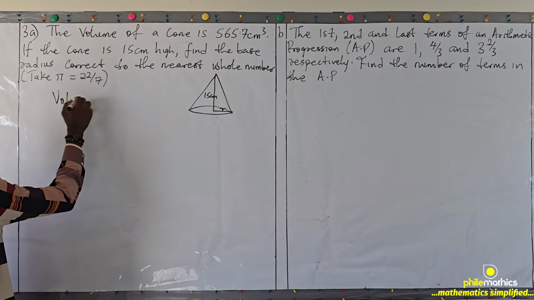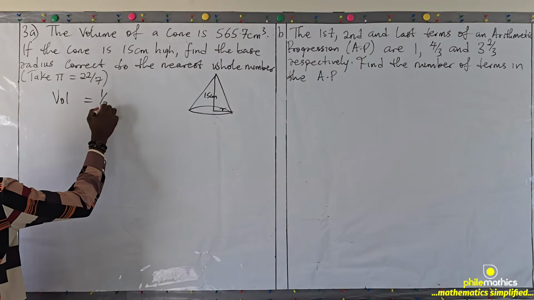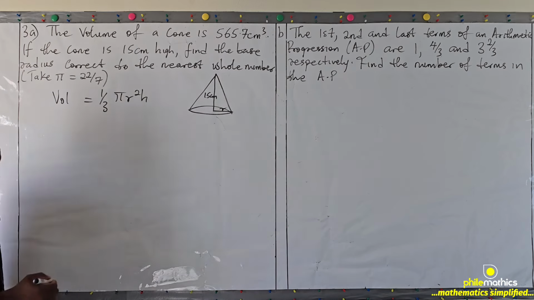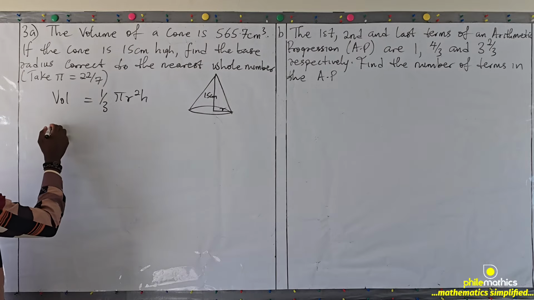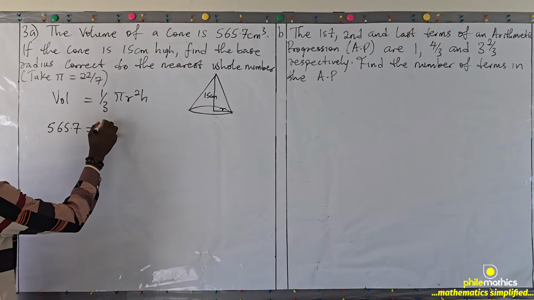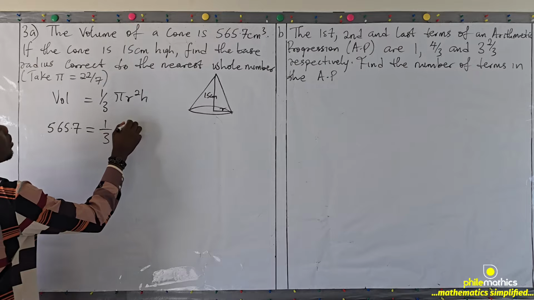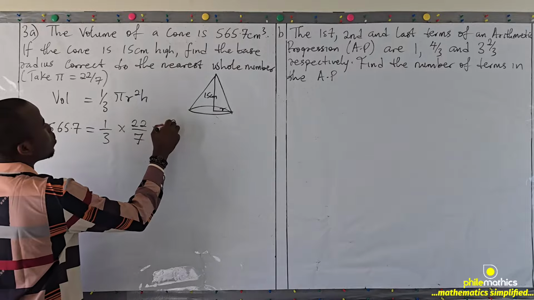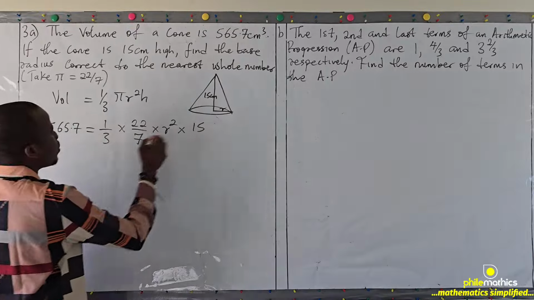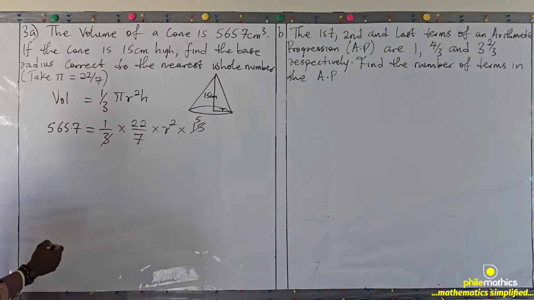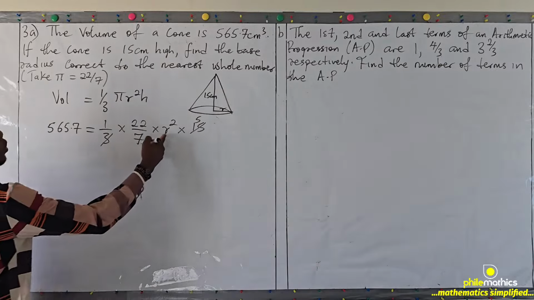So volume of a cone we know is 1/3 volume of a cylinder. And so we are given a volume as 565.7. This is 1/3 times 22 over 7 times r square times 15. 3 can go into 15, 5. And so I'm looking for r.